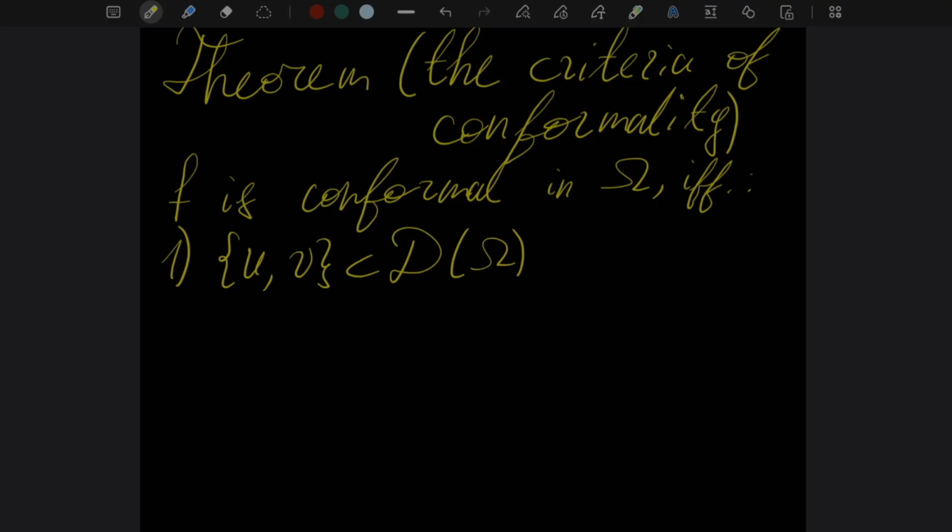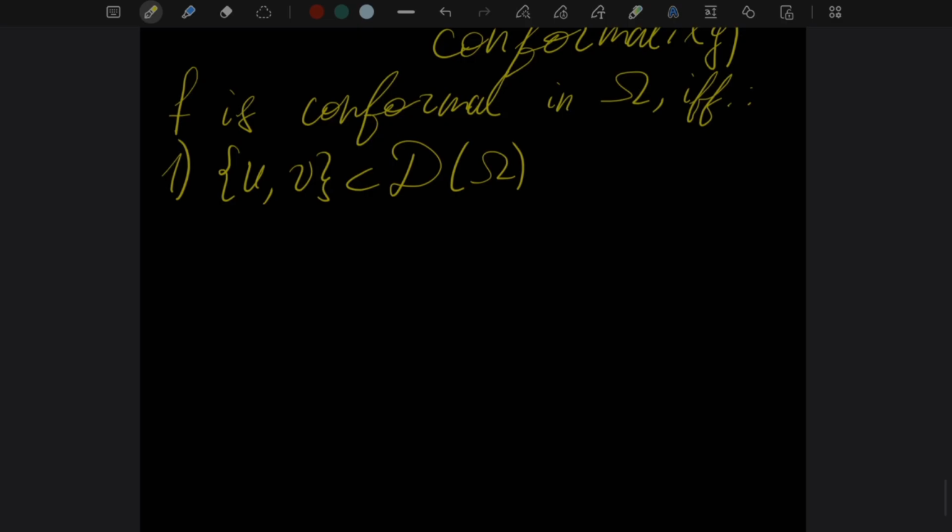So, the first condition is that the set of u and v is a subset of the set of all differentiable functions on the domain omega. And the second condition is the one that I have mentioned twice already.